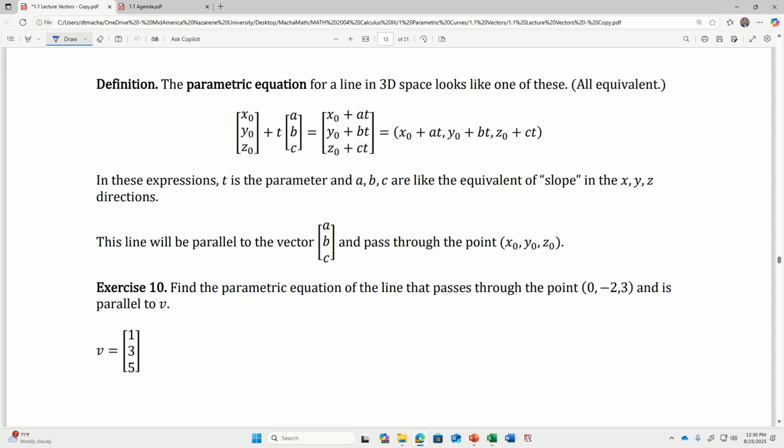Whether I have a vector of constants plus a parameter, this variable t is called a parameter, times another vector with constants, or if I have one vector where each of the entries looks like a constant plus a constant times the parameter t, or if I choose to write the same vector but I write it out horizontally, keep in mind that those are really the same thing. And that's what we call a parametric equation for a line.